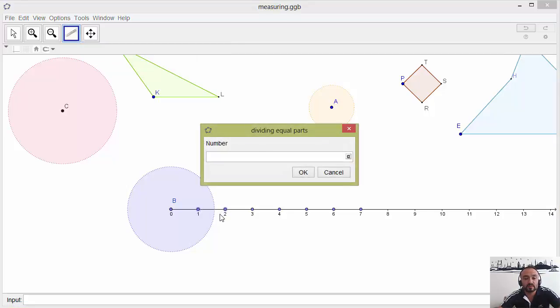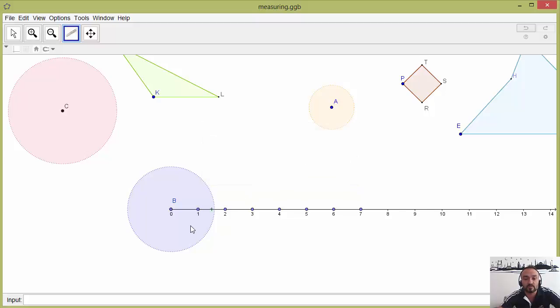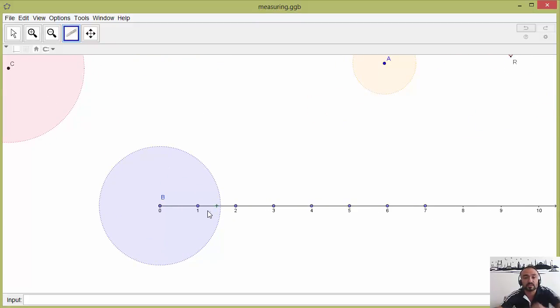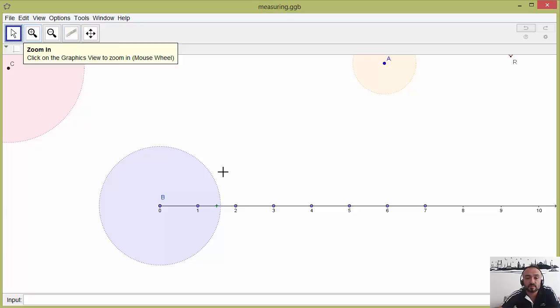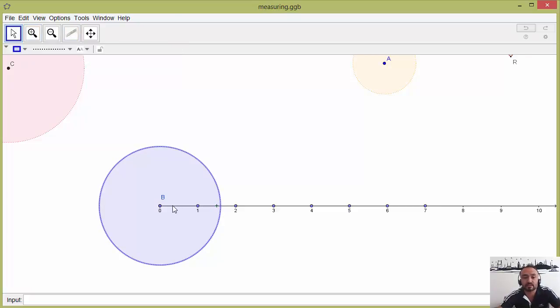How many equal parts? Let's try 2. Oh, 2 parts doesn't work.